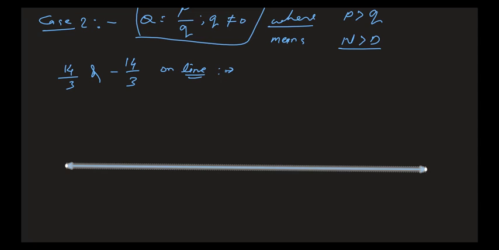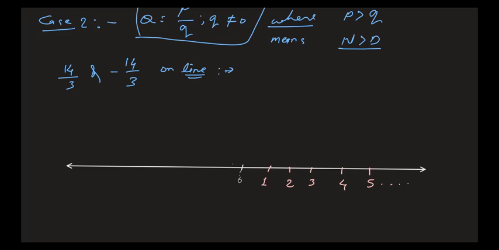Now in this number line the middle one is 0, so I am drawing 0 here. Now on the right hand side we represent all positive numbers. So these are the positive numbers 1, 2, 3, 4, 5 and so on.